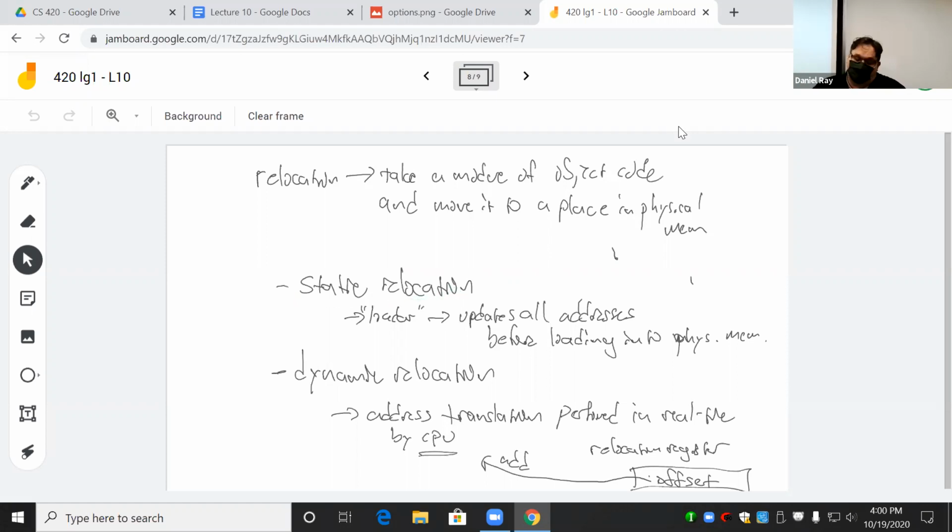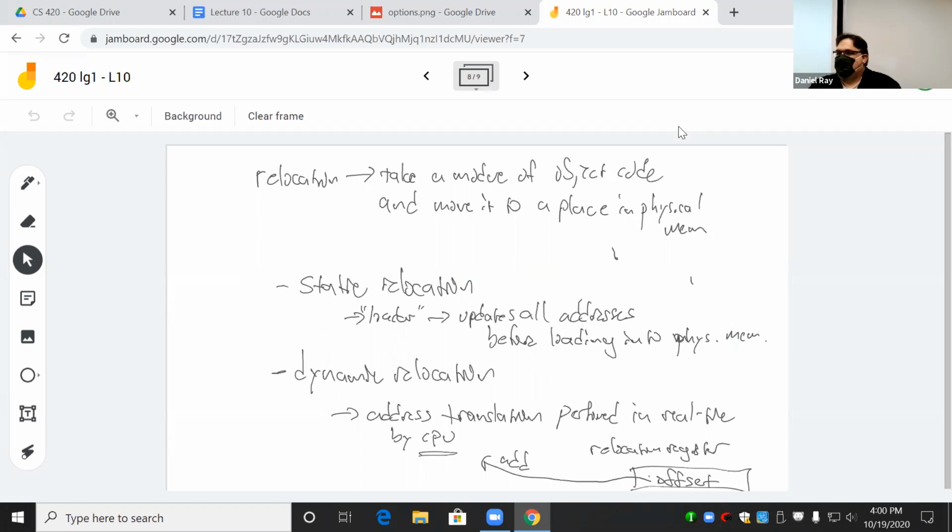But if we're going to be loading and unloading programs all the time, and maybe not even finishing programs before we unload them, then there's no need to do the overhead of statically relocating all the addresses, because we have no expectation that we're even going to execute that address this time that the program got loaded.